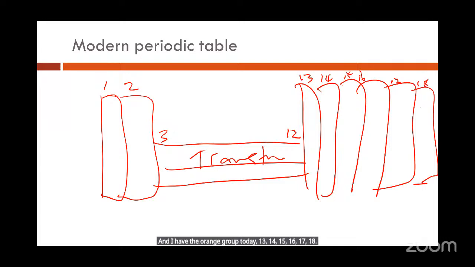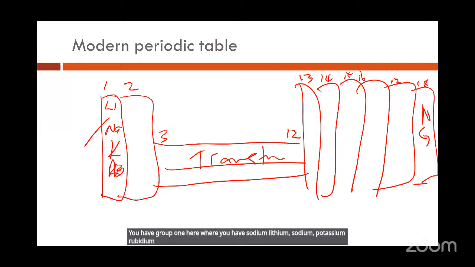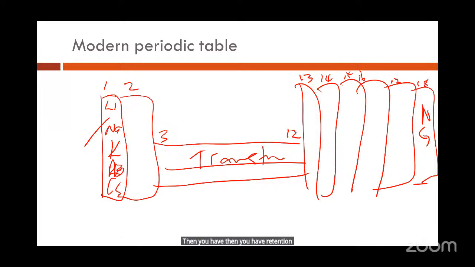This is where you have the noble gases. You have group 1 here where you have lithium, sodium, potassium, rubidium, cesium. Then you have the transition elements where you have scandium, titanium, and the rest like that.